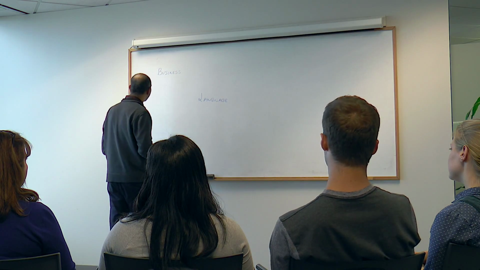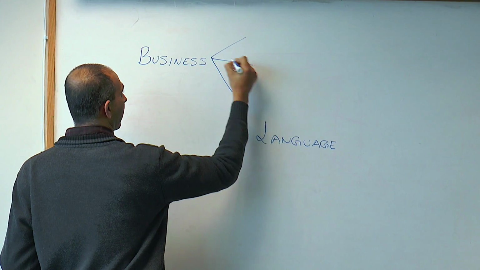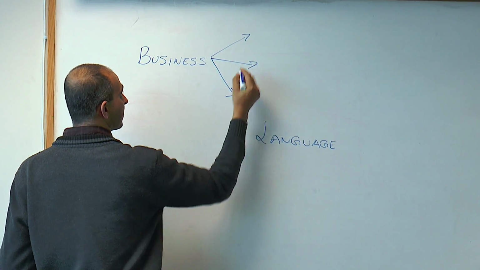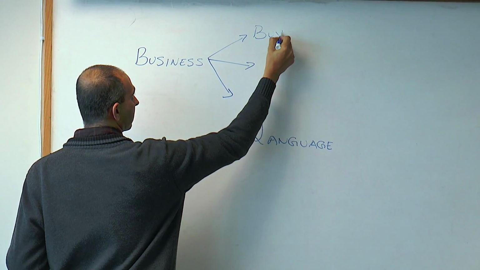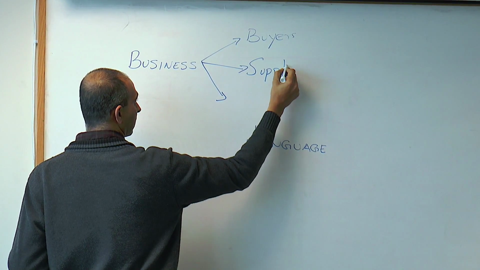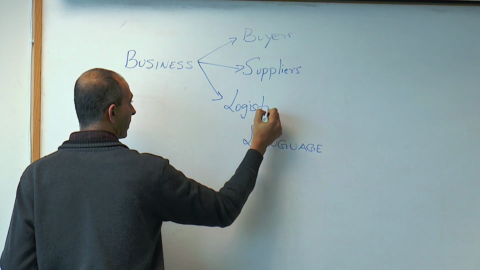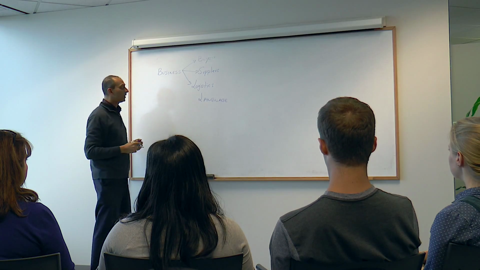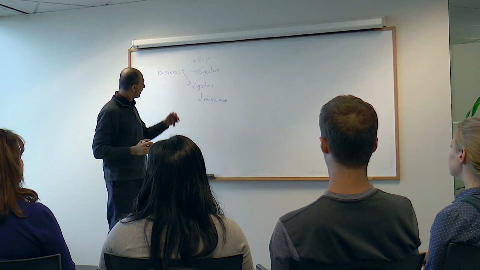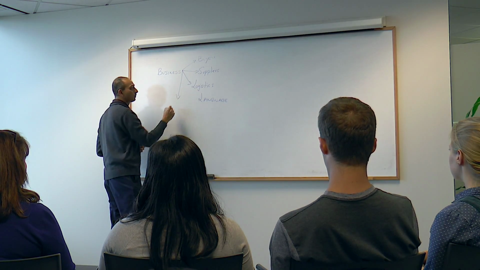So they facilitate trade. So you have different actors, different types of businesses. So you have buyers, you have suppliers, and you have those who focus on logistics, who believe in the movement of goods. And then there are a few others who are slightly tertiary or peripheral.